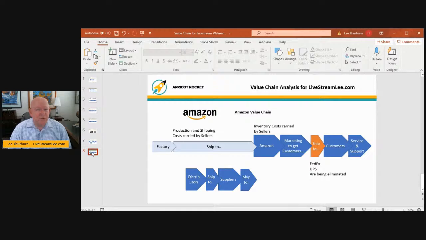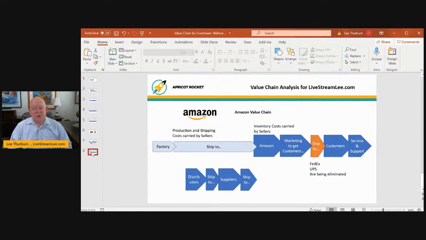So whether you're an individual selling a book, or a vendor that manufactures product and uses Amazon as your distribution and retailing point, you're going to pay for the cost of all of the products to get them to Amazon, and they're going to sit on Amazon's shelves for sale and delivery, where you're picking up and covering the inventory costs. So Amazon has little or no inventory costs. Amazon has marketing costs, but the inventory costs are carried by the sellers.